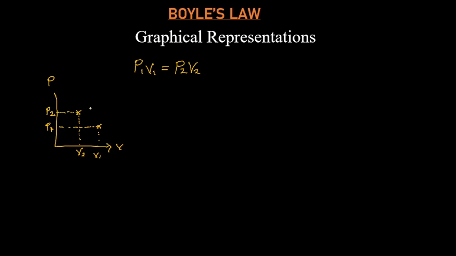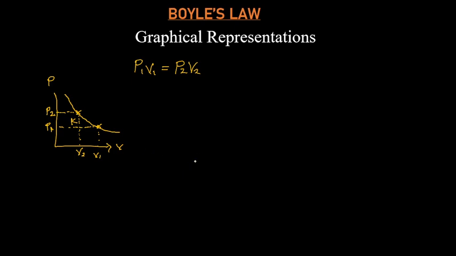So what happens if you draw a curve? We'll end up having a curve like this, and then when we calculate the tangent, we'll have the gradient. We calculate the gradient, we'll get k. So this is how the graph of Boyle's law looks like.